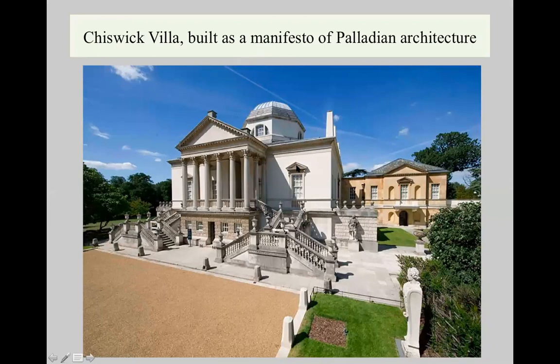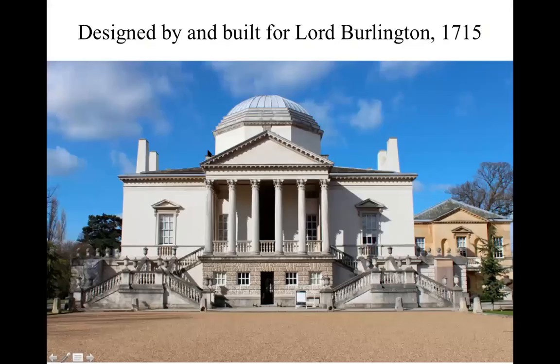It's called Chiswick Villa. It's built as a kind of architectural set piece. It was sort of attached to a main house, which doesn't exist anymore. It's really for kind of parties. It's for the owner, who's also the builder, who's also the architect, actually, a guy called Burlington, Lord Burlington.